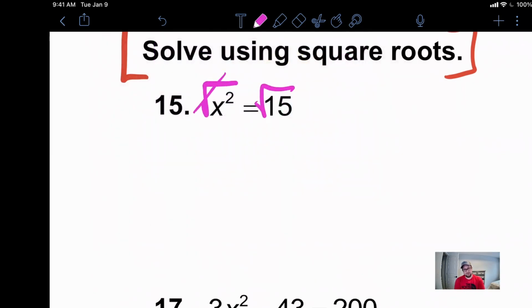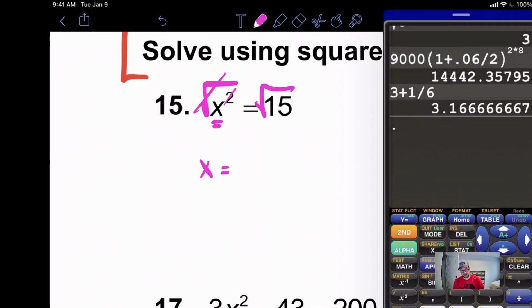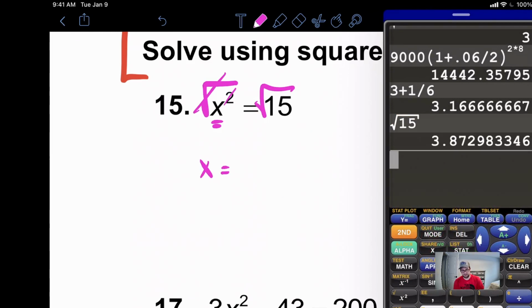Now, the square root and the square cancel each other off, so you're always left with whatever was inside, whatever was being squared. And then the square root of 15, now that's just a number, right? So on my calculator, I can punch that in. Second square root of 15, and I get 3.87.